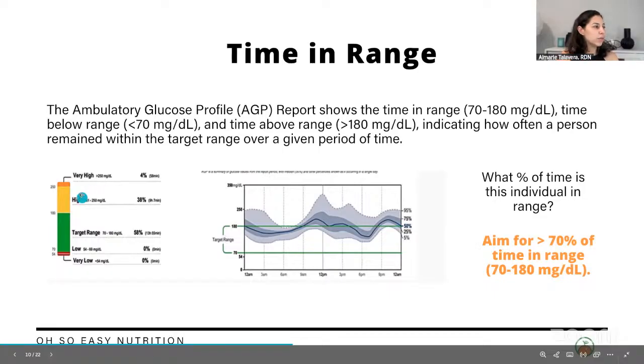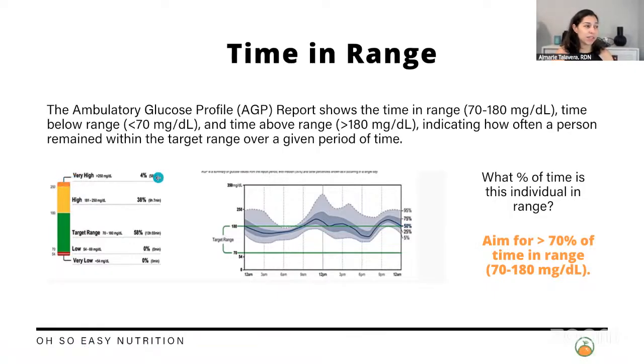So there are going to be times where you're very high, and that might be 4% of the time, like we see here, and where you're in the high level, which might be 38% of the time, and when you're in the target range, which is time in range, this person was in it for 58% of the time. So we want to get in the green as much as possible, taking this 58 and aiming for 70% of the time to be within the target range.